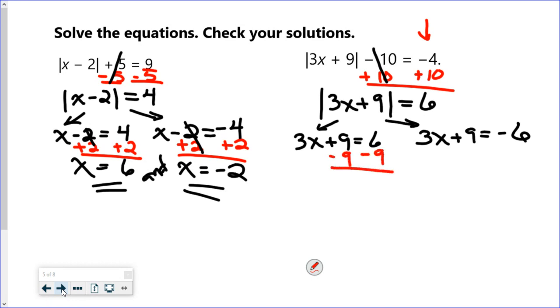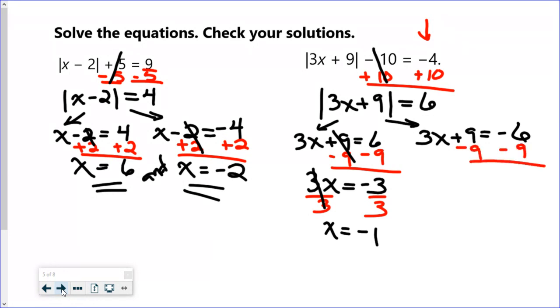Okay, minus 9, and we get 3x equals negative 3. So x equals negative 1. And again, I'm going to minus 9 again.